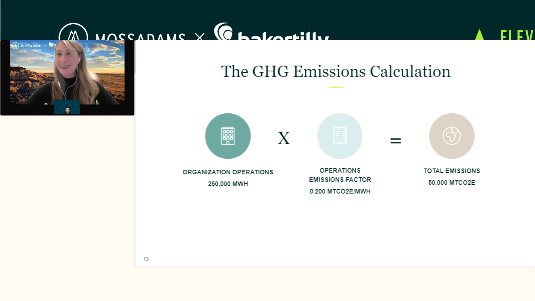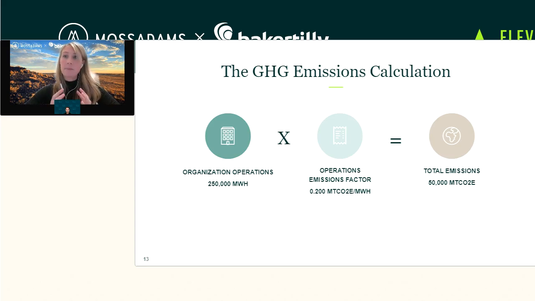That can be daunting. You're not climate scientists. But really, at its core, the calculation is taking an organization's operations activity metrics, for example your megawatt hour usage of electricity at your facilities, multiplying that by an emission factor, and that is how you get your total emissions.